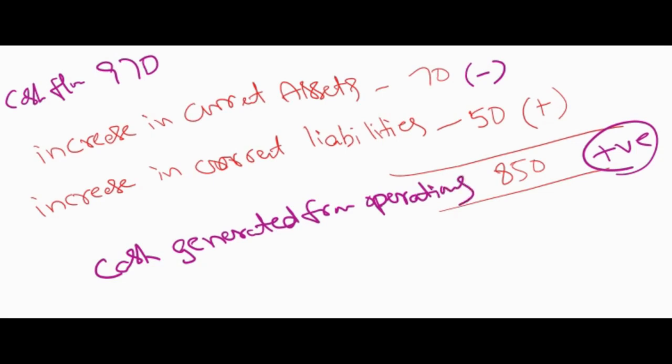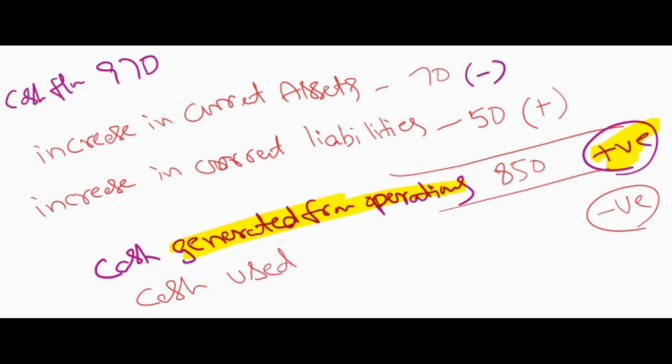So you are calling this generated from operations because it is a positive value. For example, if it is coming as a negative value, then what you will say is cash used in operating activities.